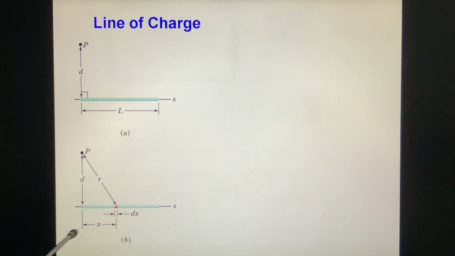When x equals 0, this is a very tiny dq in this particular case. When x equals L, at this point, it represents a very tiny dq. When x changes from 0 to L, it represents different small sections dq. Now we find a representative to do the calculation, and then we extend it by integration.